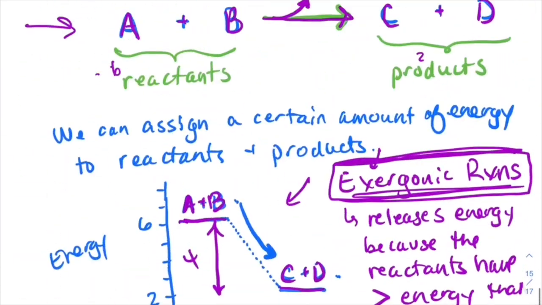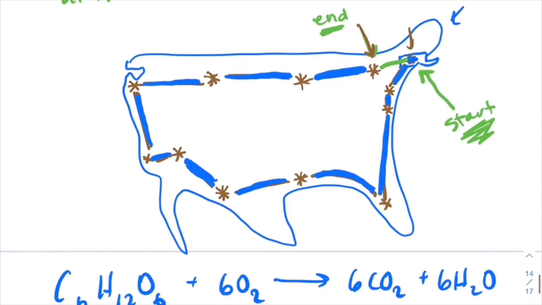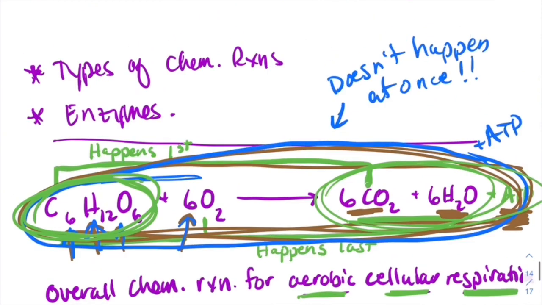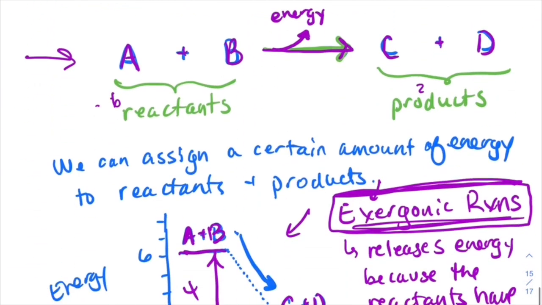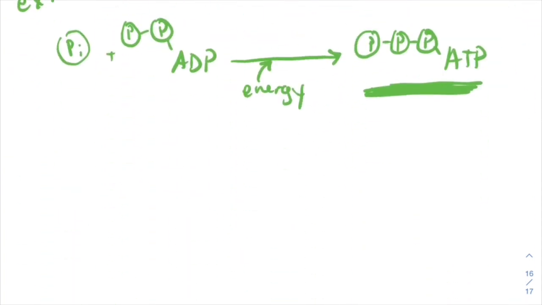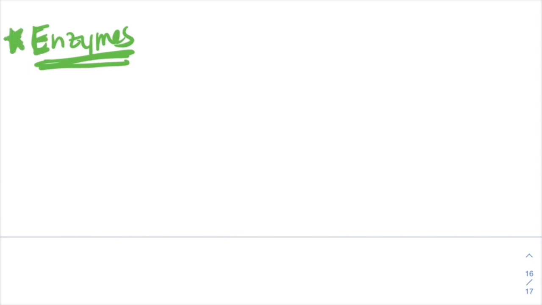But all of these little chemical reactions in the cell to get from C6H12O6 and oxygen over here to CO2 and water and ATP are going to require a class of molecules called enzymes. Enzymes are required.